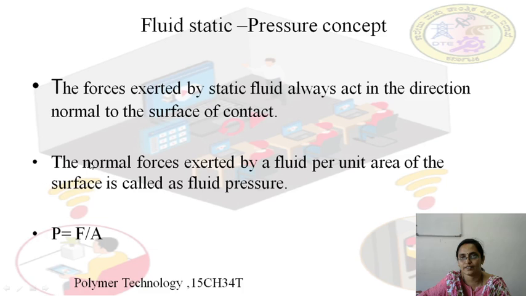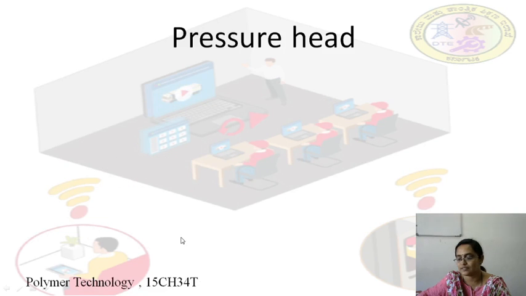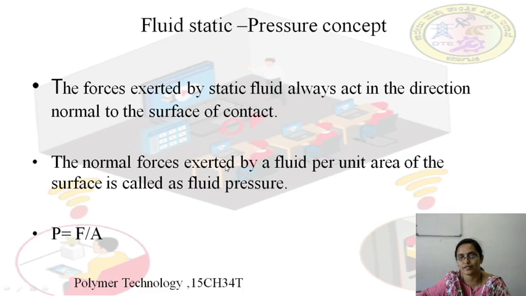If a fluid is placed in a container, then the forces exerted by the fluid per unit area of the surface are called fluid pressure. For a static fluid, it is force per area.